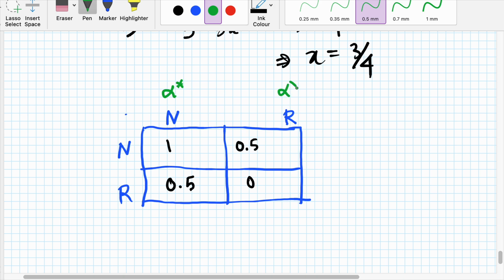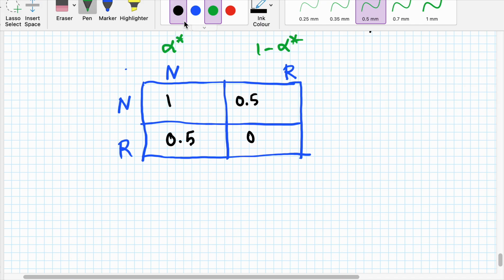sampling equilibrium. Suppose that alpha star and alpha star is the sampling equilibrium. Now what is the probability that the player realizes that her action n is best? That means the probability of finding the consequences of n is best when she samples each of her actions n and r once and independently.